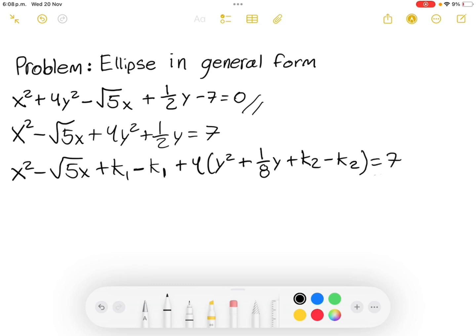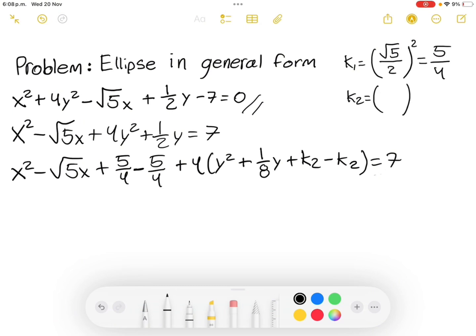K1 is the b term of the x, that is going to be parentheses, the square root of 5 divided by 2 and squared. So that's going to give us 5 fourths. Then we're going to replace the k1 with that: 5 plus 5 fourths and minus 5 fourths in the x terms.